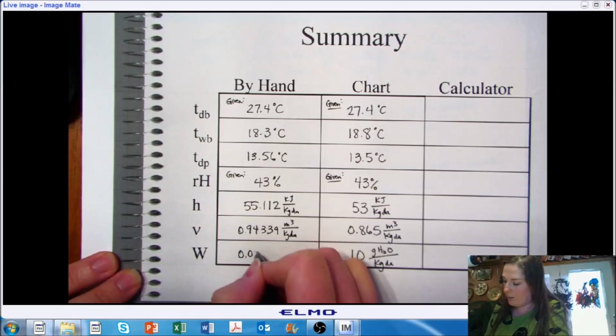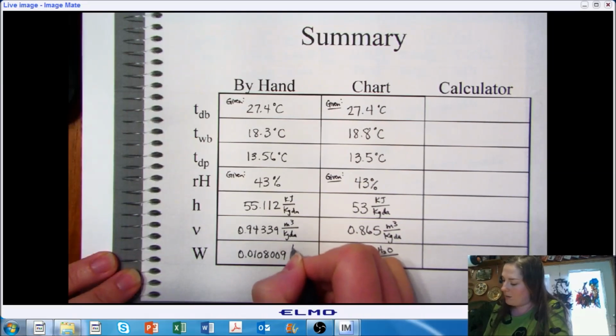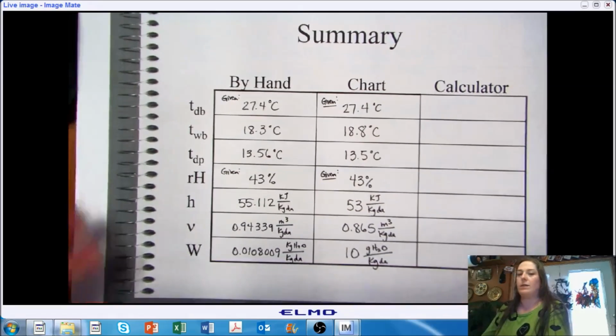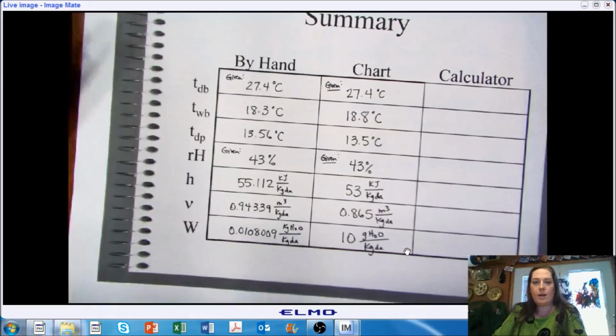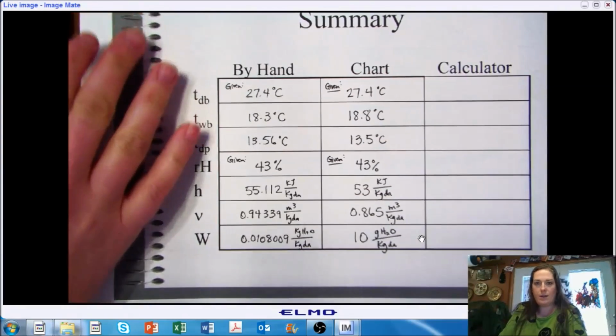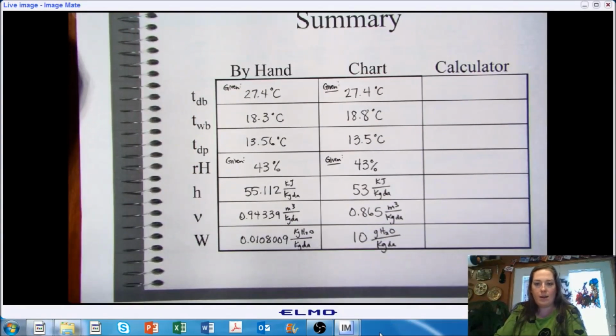And the last thing that we're going to do is go to an online calculator and grab the results from that. Okay, so let's see if I can do this with my recording device here.